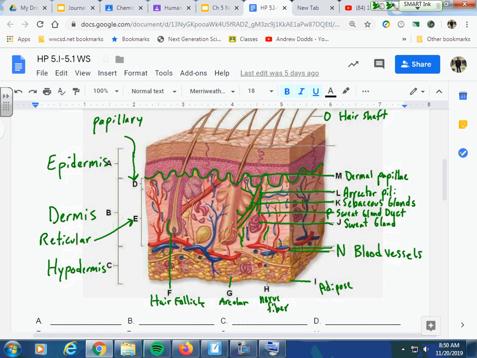Okay, that's P. And then one more is this thing here where it opens onto the surface, this is Q, it's called a pore. Or sweat pore. Okay. P is sweat gland duct. And N is blood vessels.